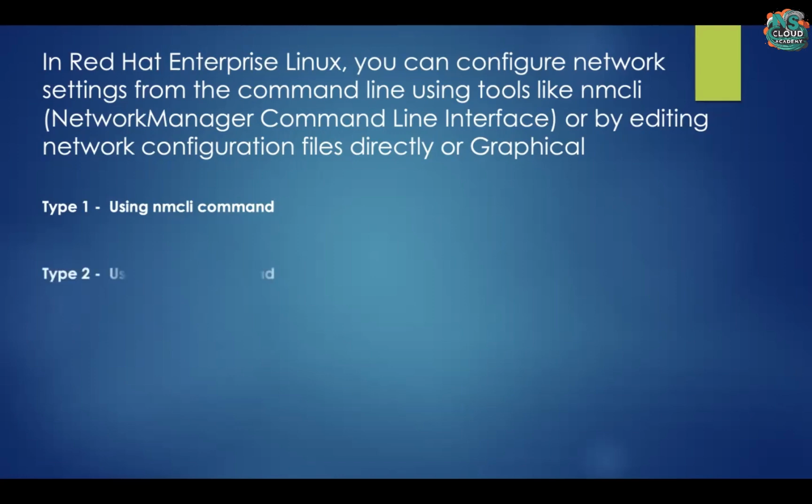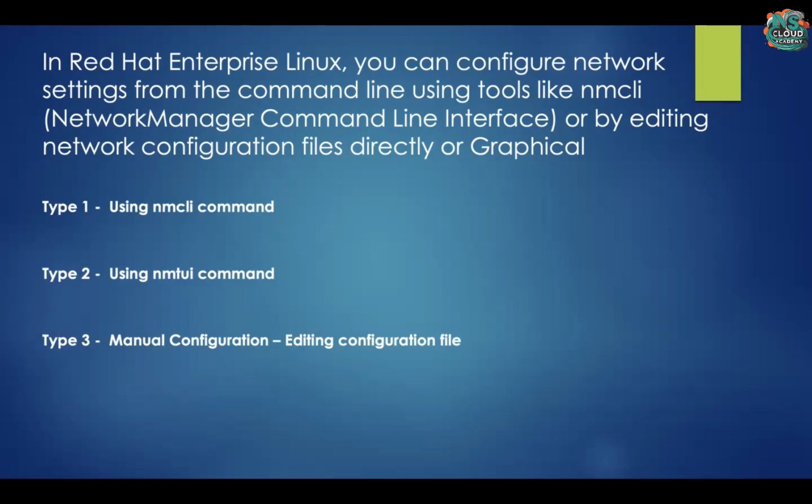And the second method we have is nmtui. You can say nmtui is the graphical mode in the command line. It is not the actual graphical mode, you will not get the UI, but it's text mode configuration. And the third one is manual configuration, where you edit the networking file directly.